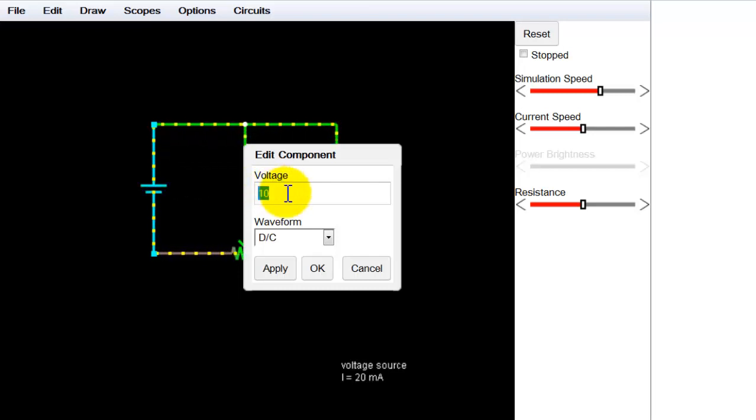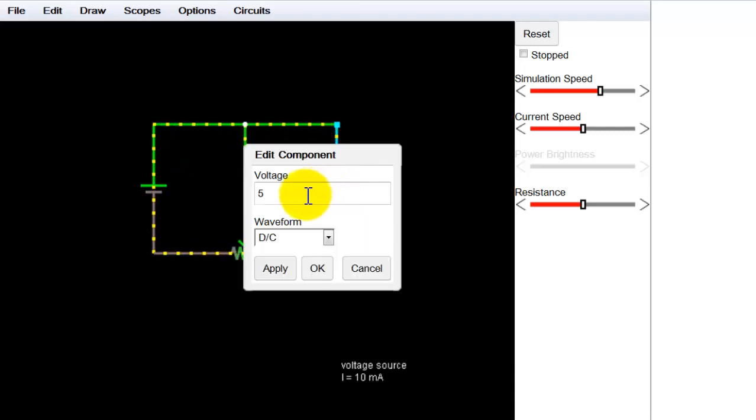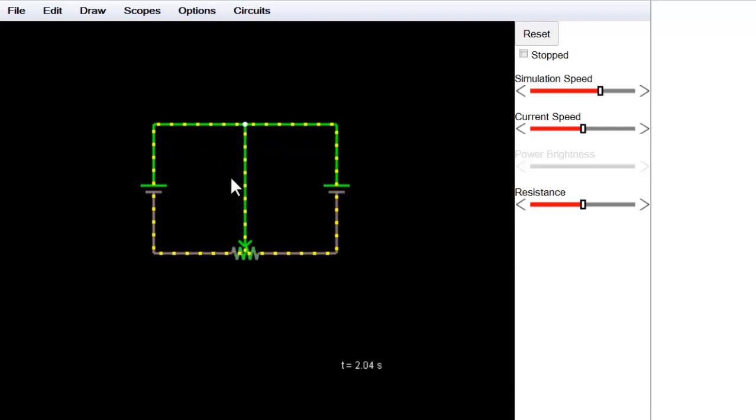Suppose we have 5 volt in this branch and also 5 volt in this branch. We can observe that the current shown over here will be about 10 milliampere, and in the second branch also we will have 10 milliampere, as the potential divider is dividing the voltage into half in both branches. So this was how a potentiometer works. Now let us move on to our next section.